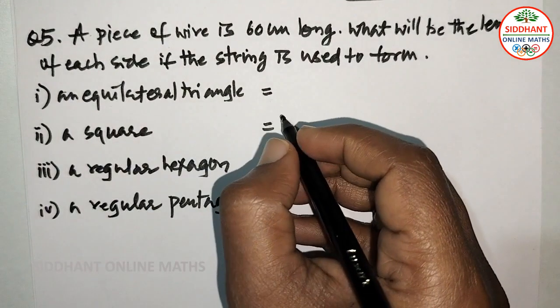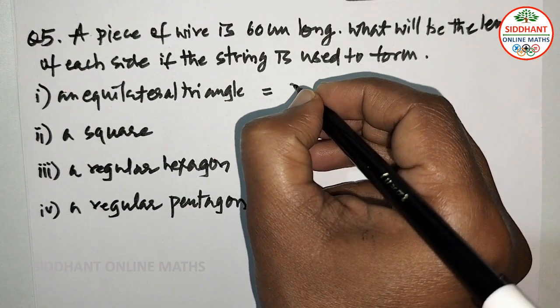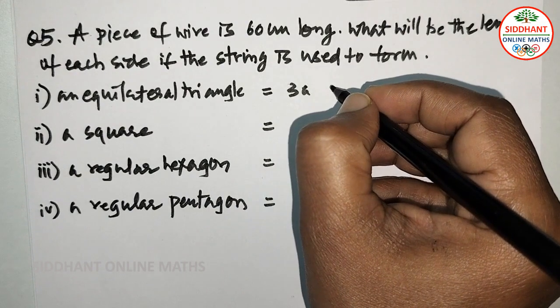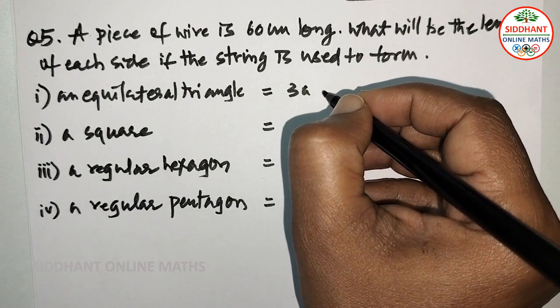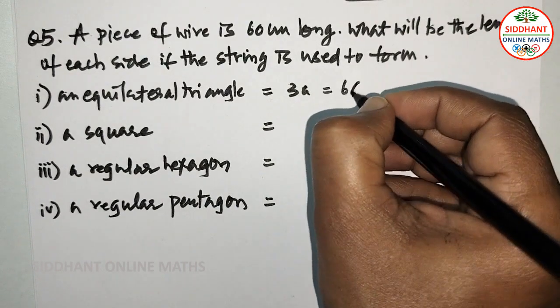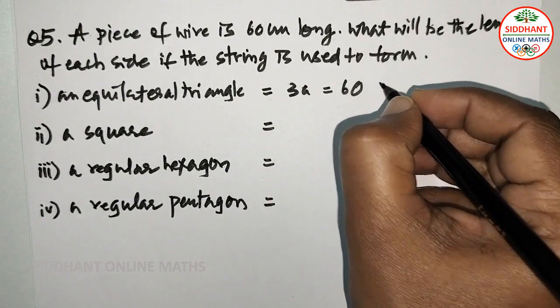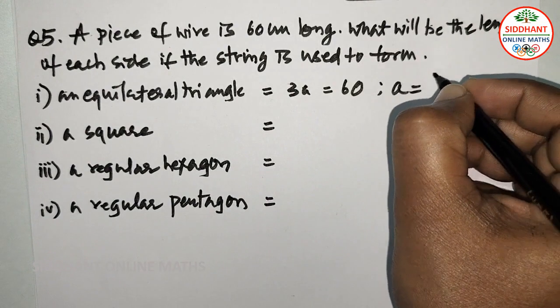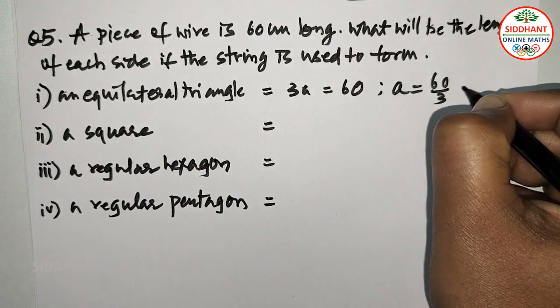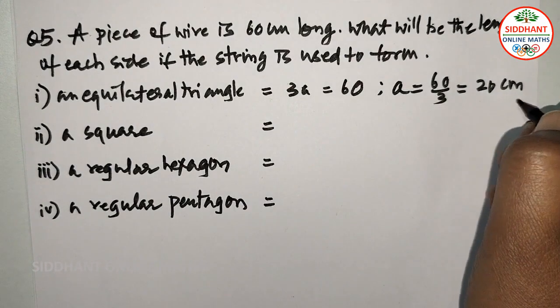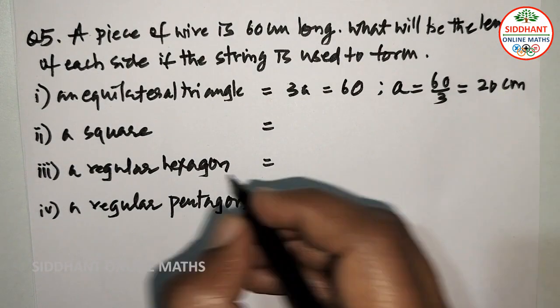So for an equilateral triangle the perimeter will be 3a, which is the formula, and the perimeter is 60 centimeters. So 3a is equal to 60 centimeters, then a will be 60 by 3, so that will be 20 centimeters. 20 centimeters is the dimension of one side.